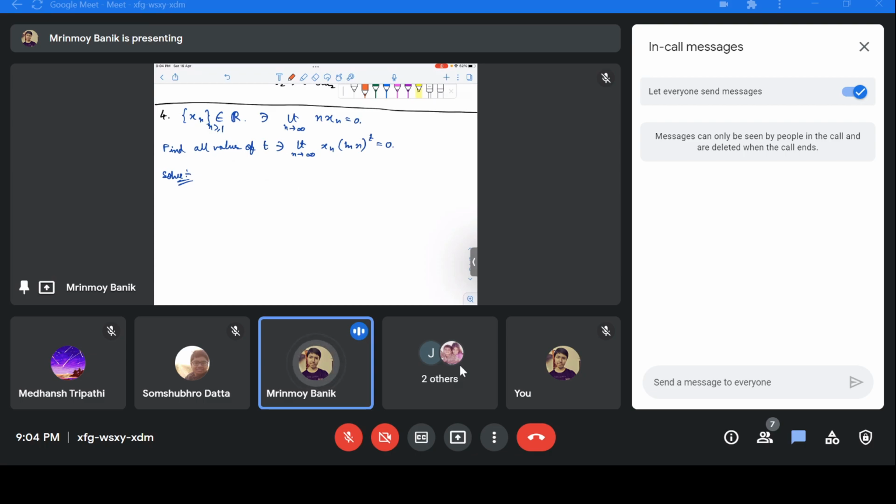So here, of course, we get intuition of how to solve it or how to go about it. xn obviously is at least of order less than n power minus 1, right? So it has to be something like n squared or n cube. Then only this can go to 0.